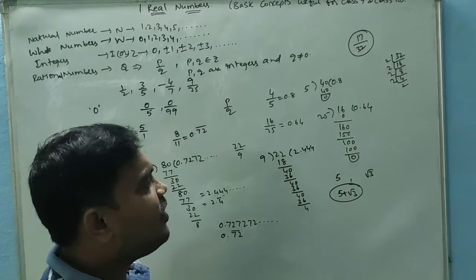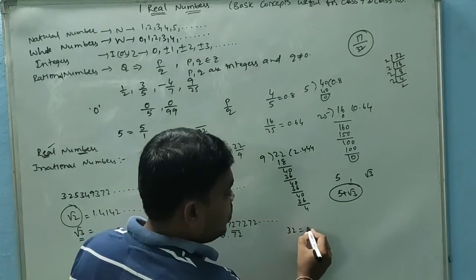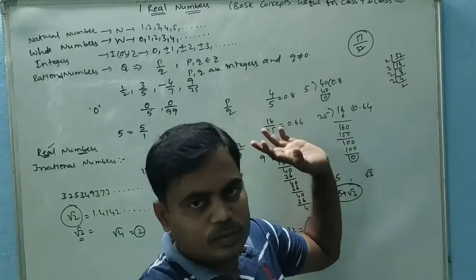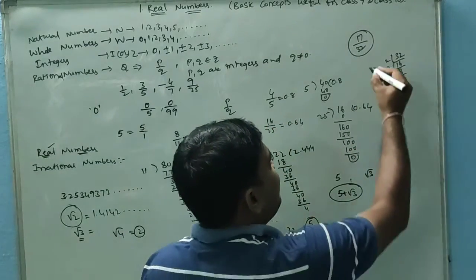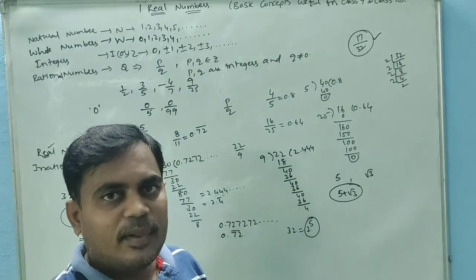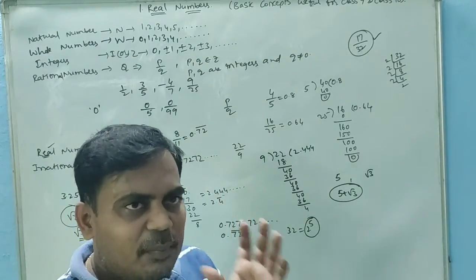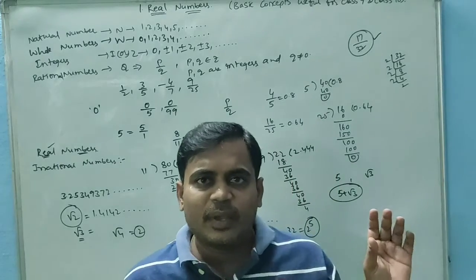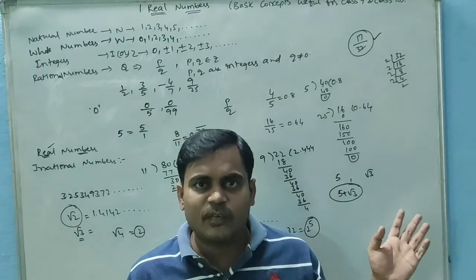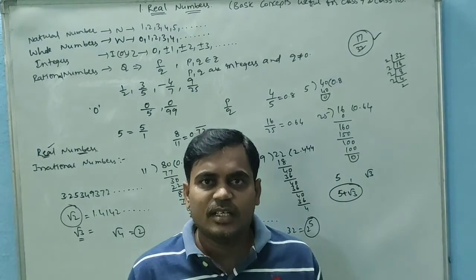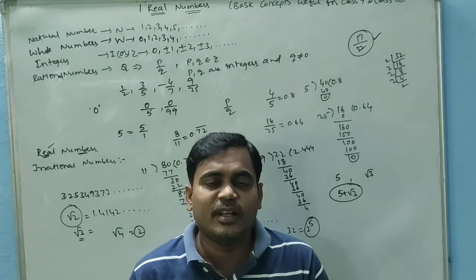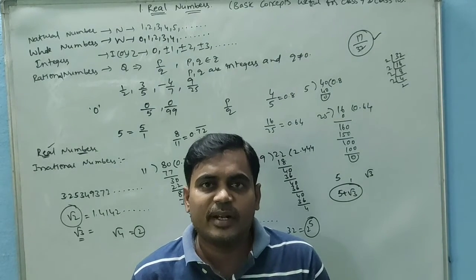So 32 equals 2 power 5. It contains only the prime factor 2, so definitely it is a terminating decimal. Without converting a p by q form number into decimal form, we can judge whether it is terminating or non-terminating recurring with the help of the denominator q.